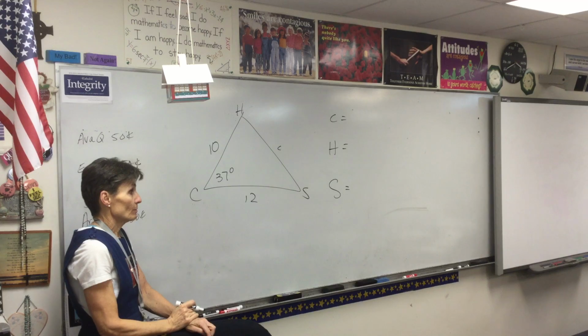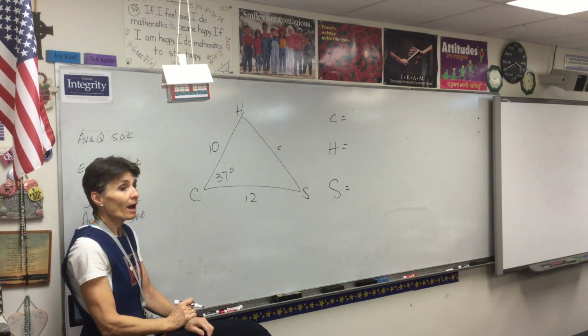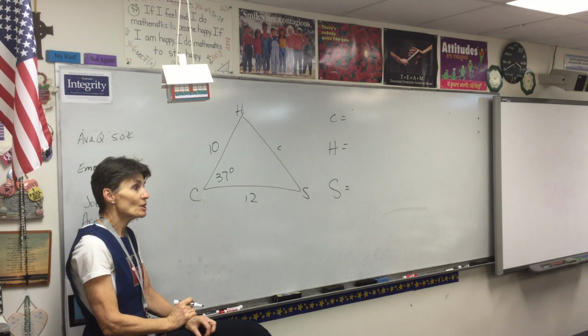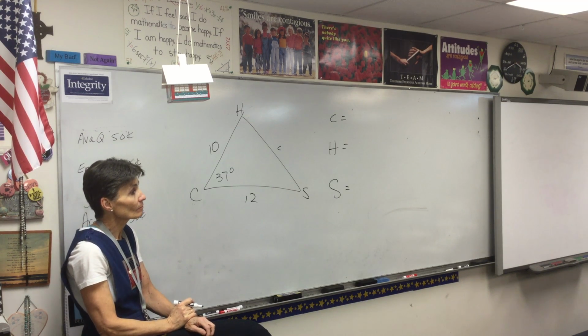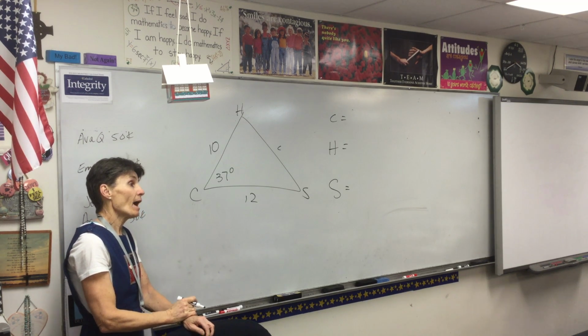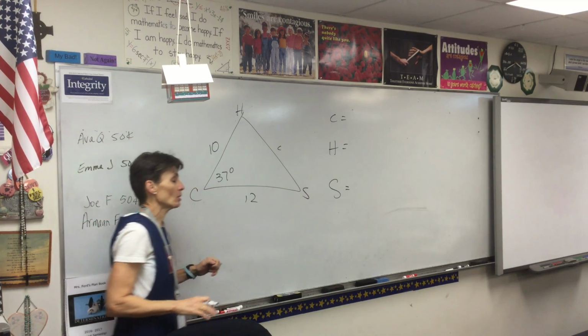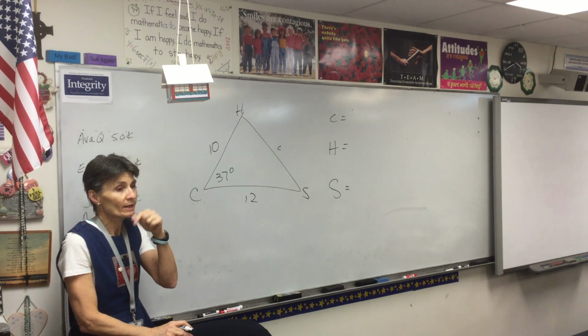Okay, this is tomorrow. This looks kind of the same, but it's not a law of sines situation. Does anyone remember how I know it's not a law of sines situation, Matt? Yes. Always side angle side is going to be law of cosines. What kind of practical reason, Marita?